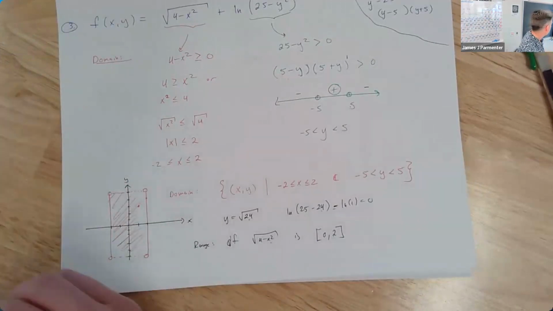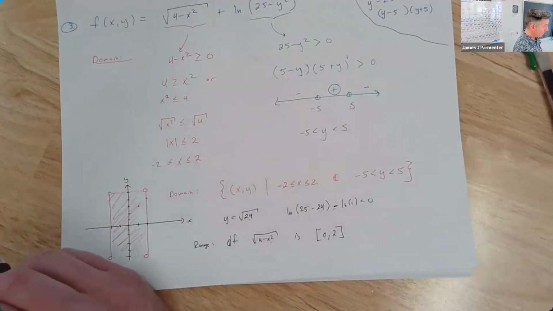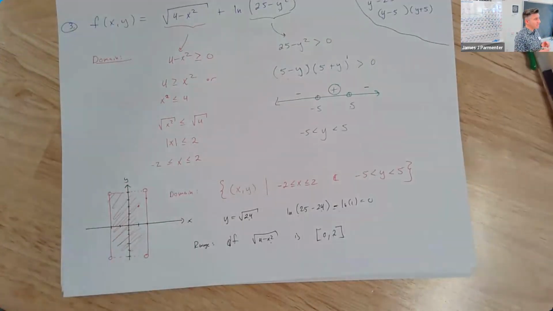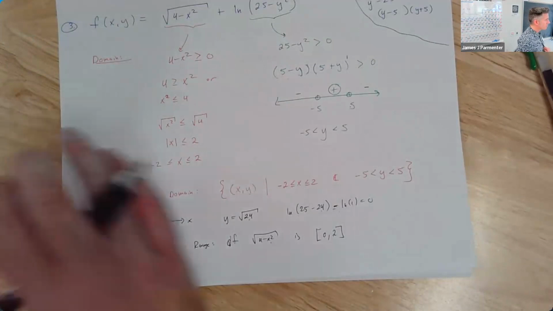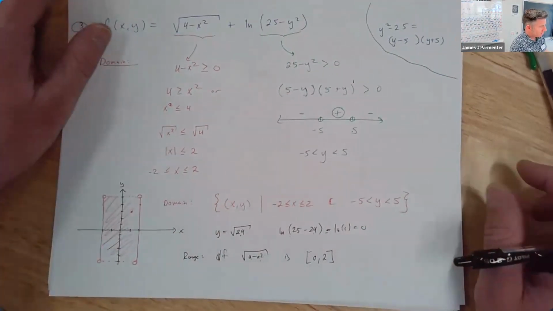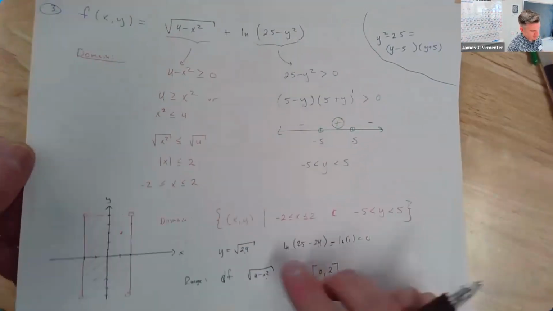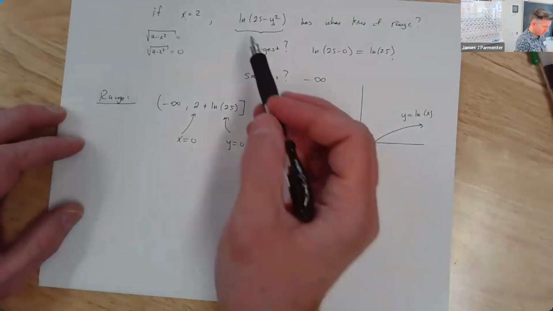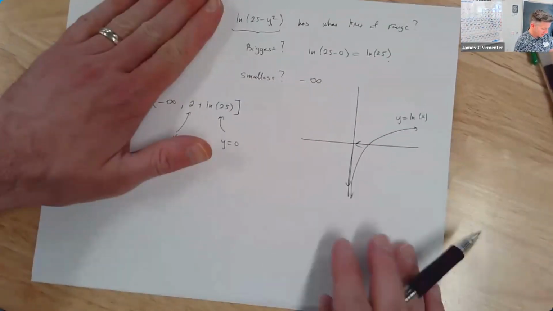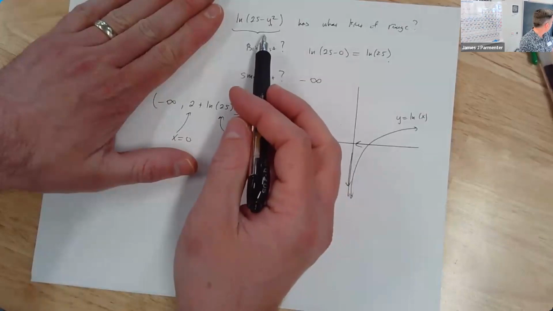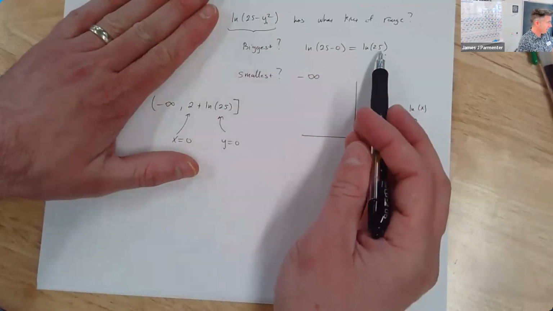Brian. I didn't define two ranges. I thought about the range of each individual part, and then I kind of added them together. Annoyingly, I don't love this question, but it's maybe a little out there. I would say I know that this piece of the function, independent of this piece, can go as low as negative infinity and as high as natural log of 25.